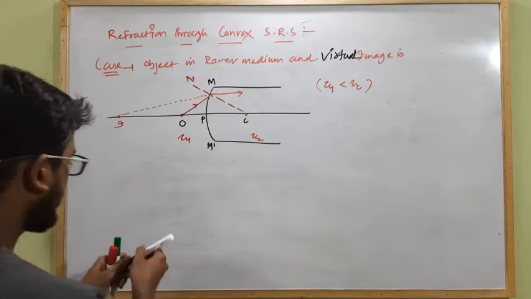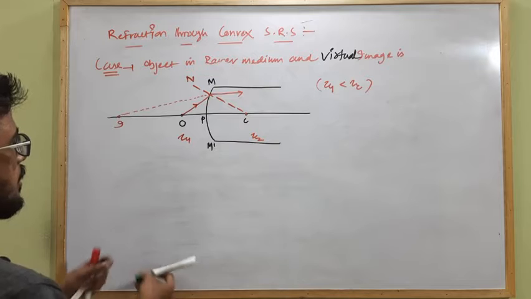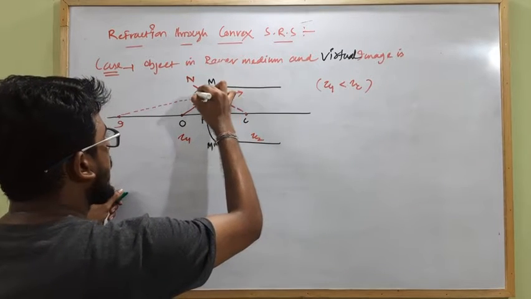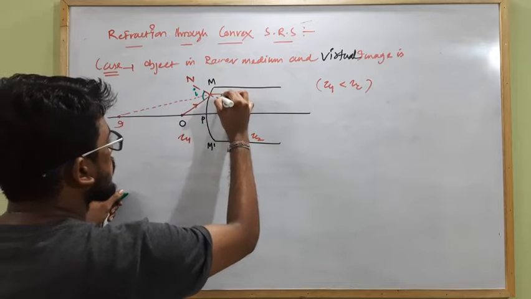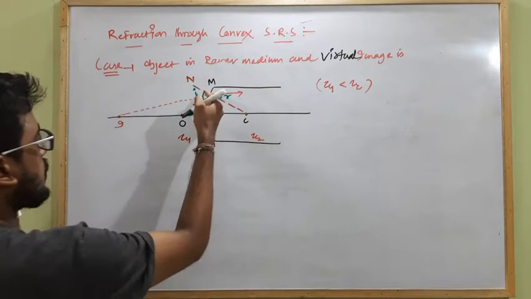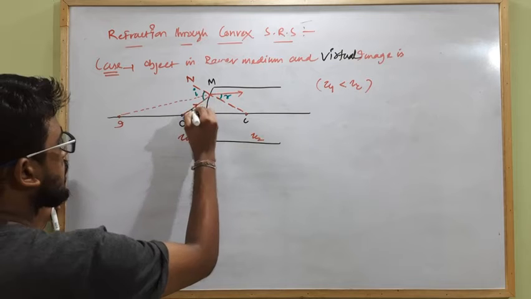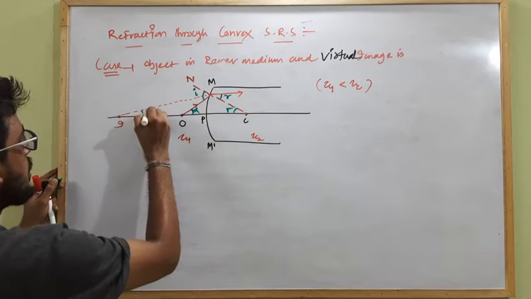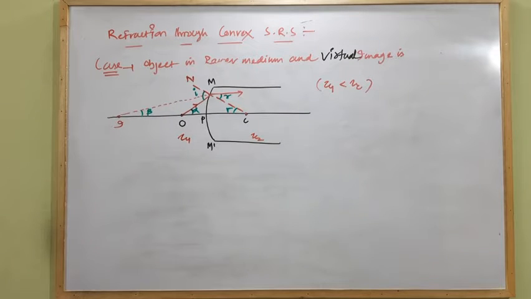Clear? Again, this angle will be i, this much angle will be r, and the incident ray makes angle alpha with the principal axis, this is gamma, and this angle will be beta. Clear?